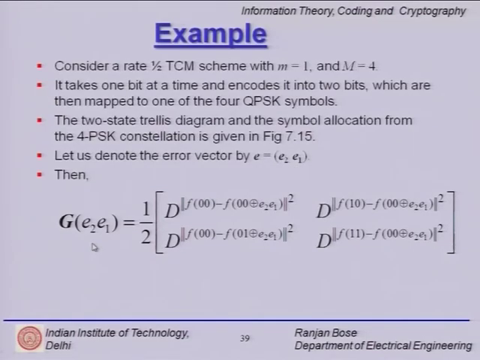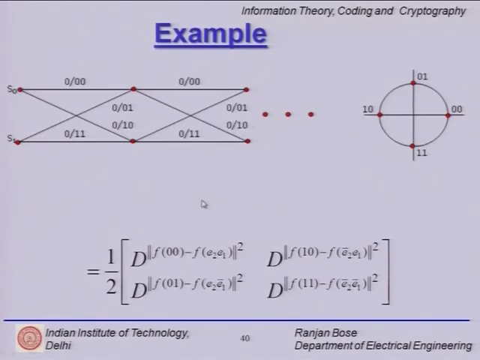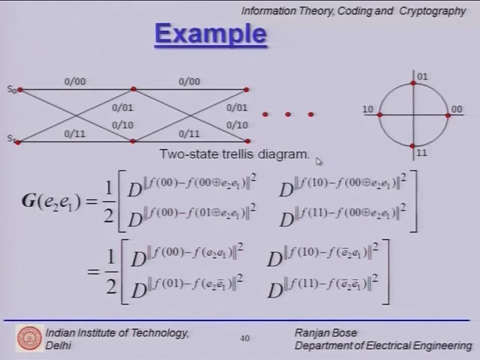So, this is an example of how G(E2, E1) can be written. It is a simple example where we have QPSK and the 4 symbols are being used, and you can easily write G(E2, E1) as follows.